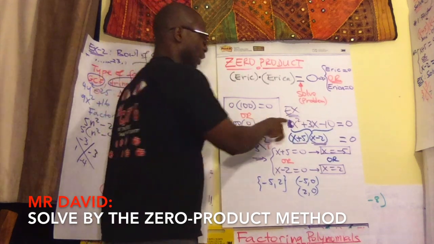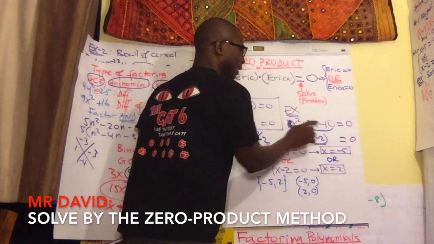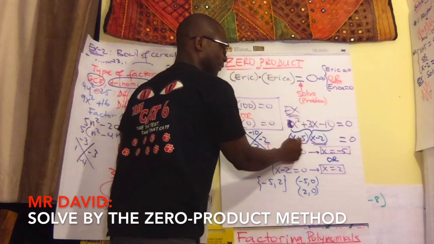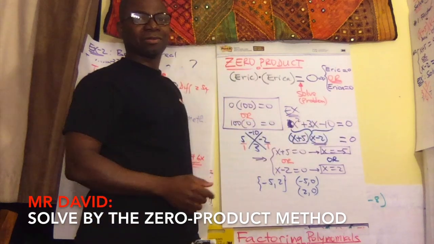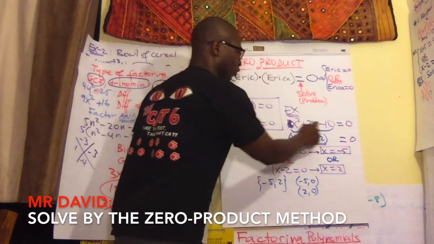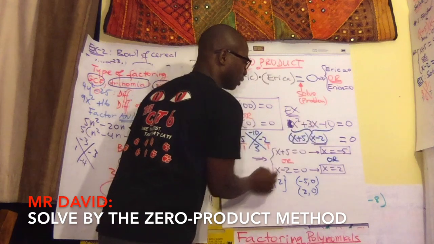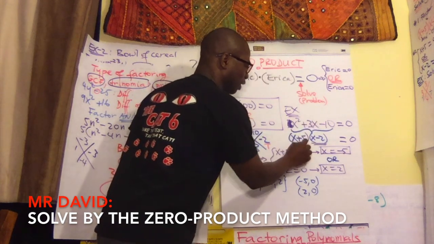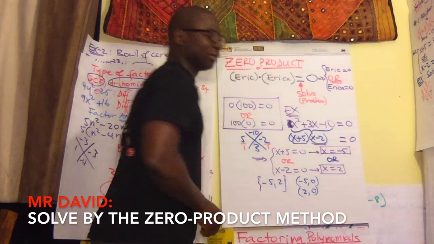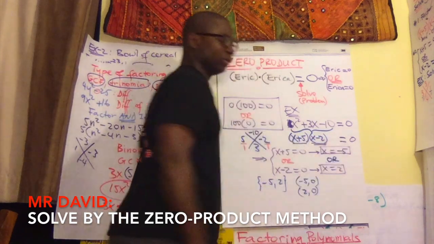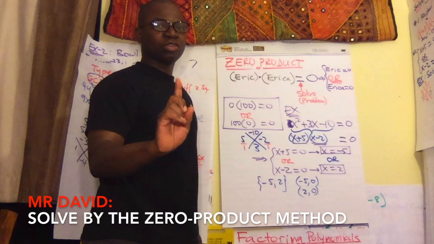Okay? So x squared plus 3x minus 10 equal to 0. We factor this. We factor it first. Then, instead of plus or minus, it becomes a multiplication, a product equal to 0. We solve one at a time.